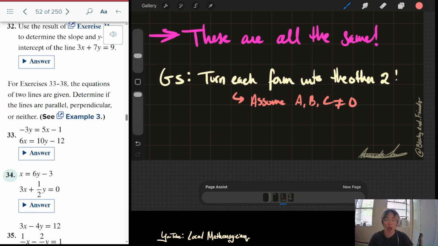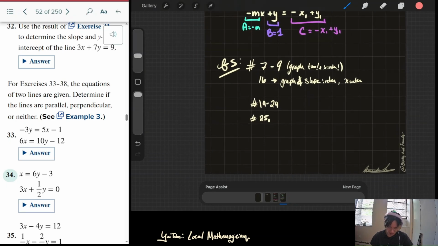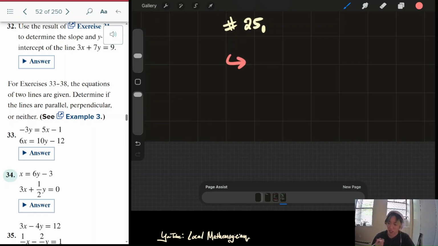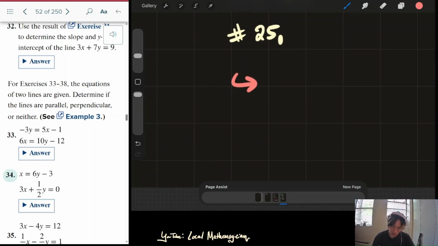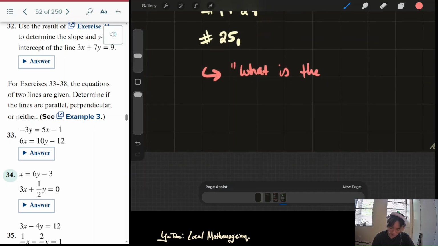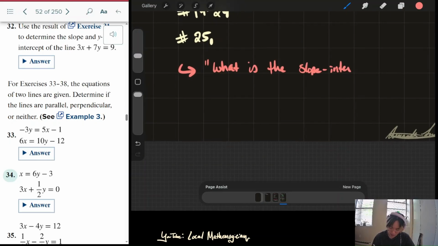Oh, actually, I lied. I also want, as a conceptual question, what is the slope, intercept, and standard form of a horizontal line?